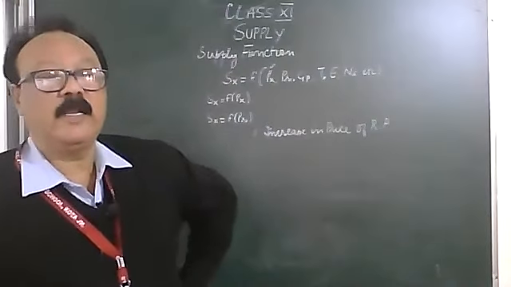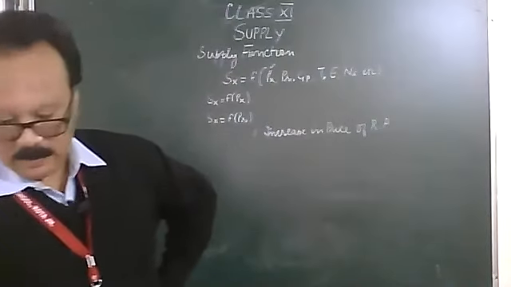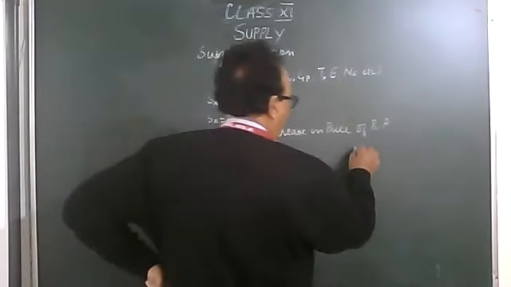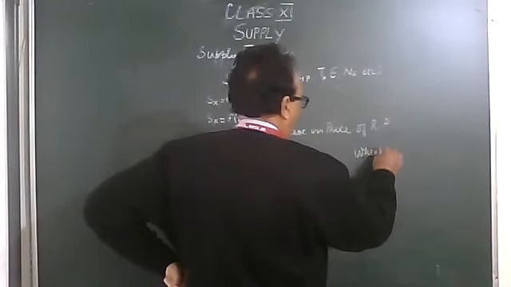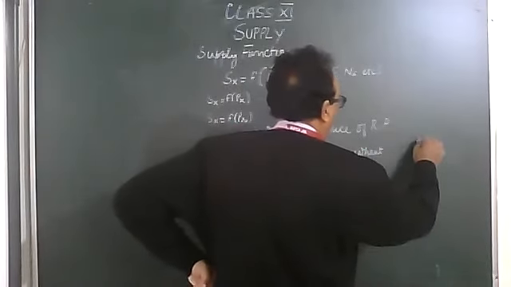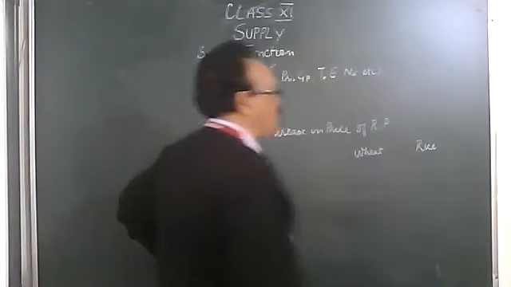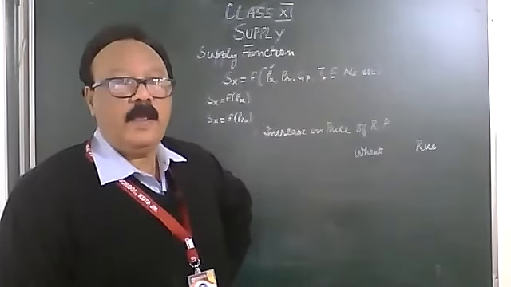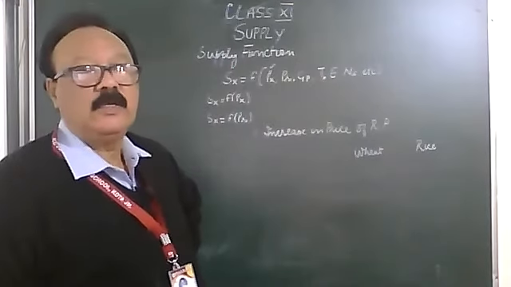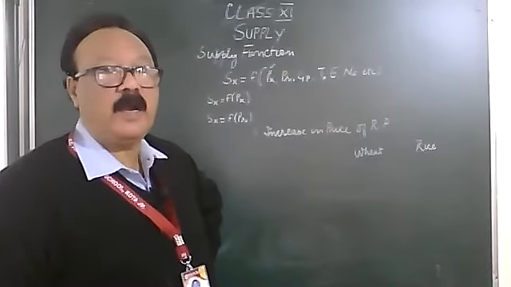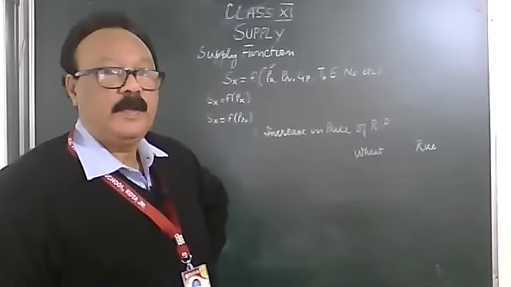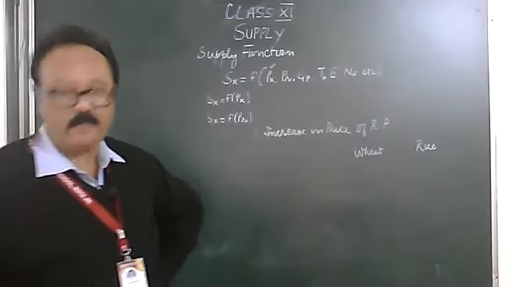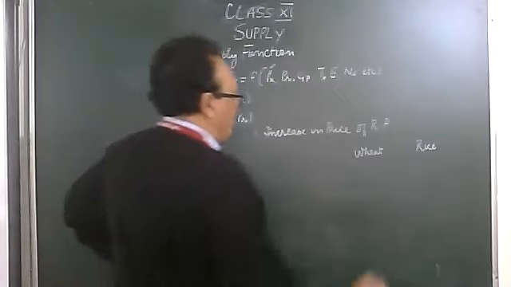Now children, understand this point nicely. He says the price of a related product. Let us take two products. We have wheat and what is related to wheat? Rice. These are the two staple foods we could grow, wheat and rice. If the price of the related product increases, then the supply of the commodity under question will fall.